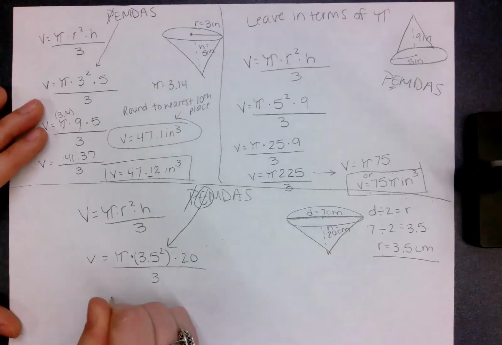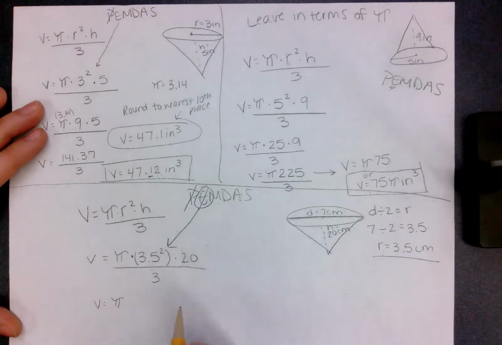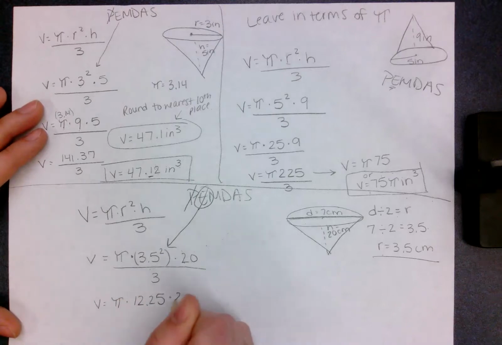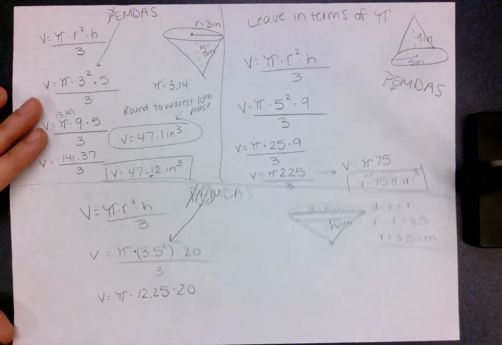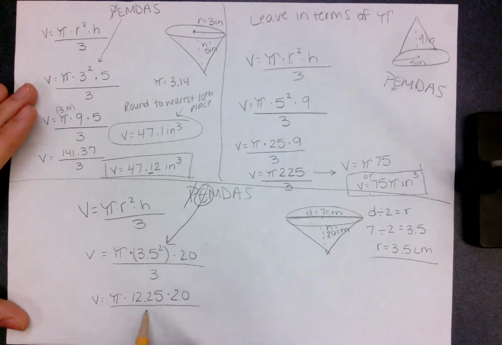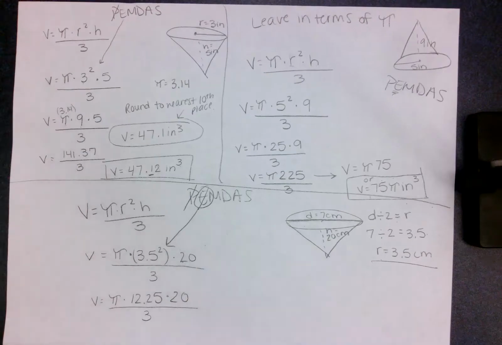We rewrite volume equals pi 3.5 times 3.5. That gives me 12.25 times 20. Then don't forget to divide by 3. Always take your time. Make sure you're copying the formula down correctly each time you simplify a step.